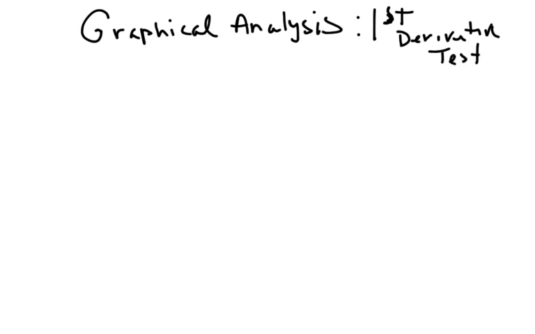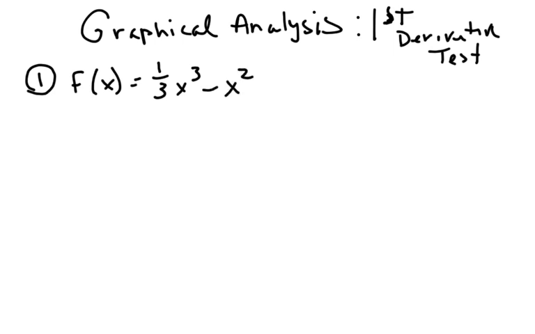Hopefully you've already gone through the note cards for this section, so you're a little bit familiar with some of the vocabulary and how we find some of these important features using derivatives. Let's begin with our first example, which is f of x equals 1/3 x cubed minus x squared minus 3x plus 4.